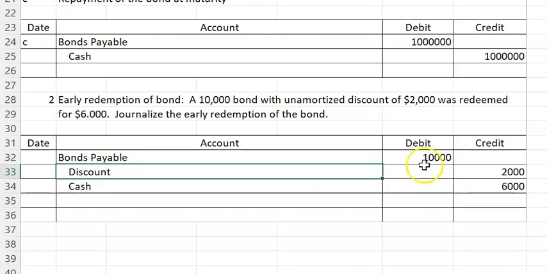So bonds payable minus the discount would be $8,000, and I only had to pay out $6,000 in order to pay it off. So that's a gain. I need a credit to balance, which also tells me that it's a gain, and I need $2,000 to balance. So now I'm in balance: 6, 7, 8, 9, 10 equals 10. So this is early redemption of the bond. Let me know if you have any questions, and let me know how that went. Thanks.